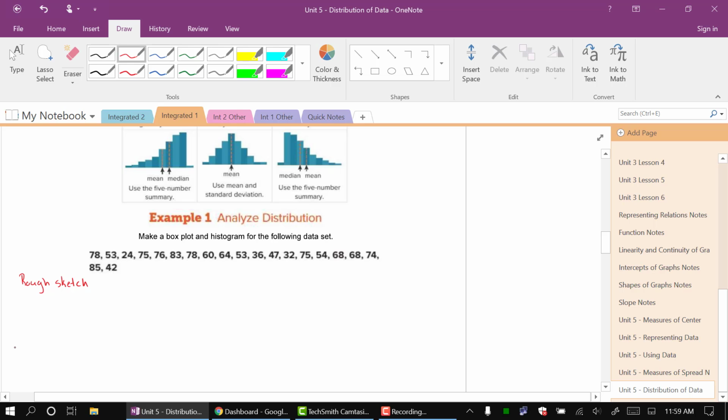So our histogram looks something like this. And then our box plot, again, another rough sketch, because it asks for both a box plot and a histogram. And we're going to analyze this.